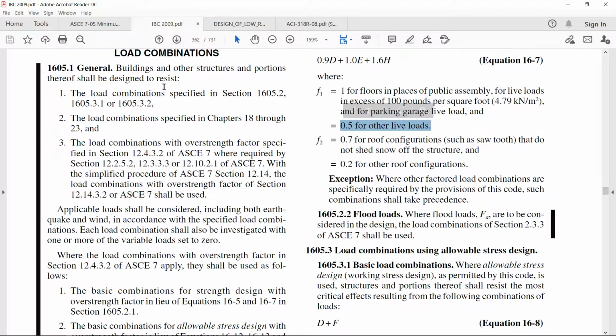That means in this particular combination, either we can have 1L or 0.5L. We are not talking about snow load now, so it's okay. I'm not going to discuss F2, although the provision for F2 is also there. My concern is the coefficient which is used in this load combination particularly.